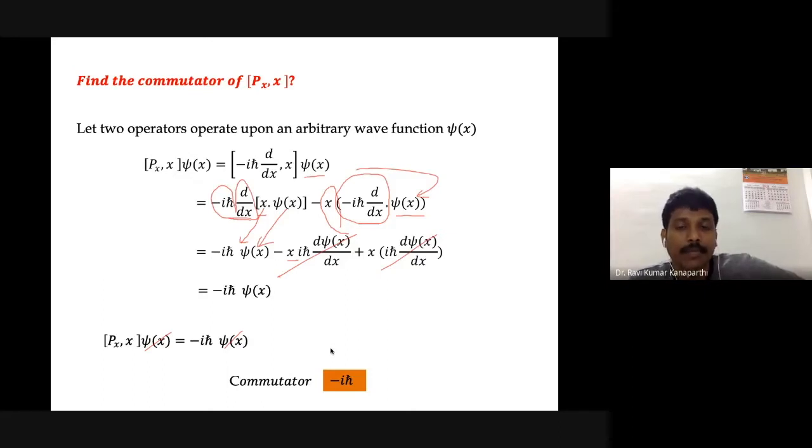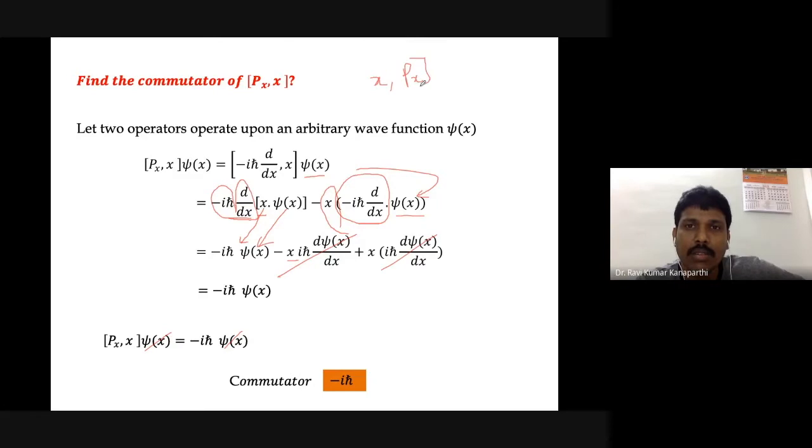Okay, now there is a question for you. Suppose I want to evaluate the commutator between x and px instead of px and x.